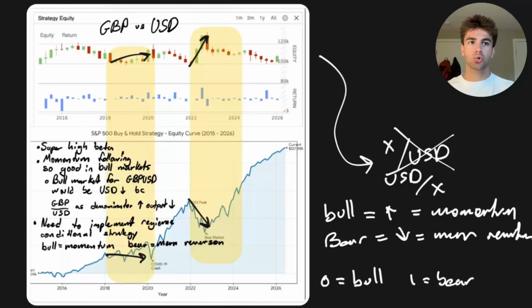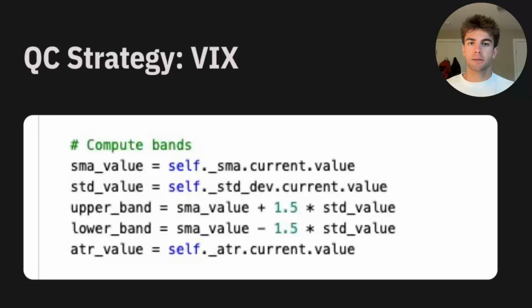Now, I think the trickiest part here is the switch itself from 0 to 1. There has to be some sort of delay or some sort of cushion in the middle so that the strategy is not constantly flipping from bull to bear if it's right in between, or risk on, risk off, risk on, risk off. So the next strategy I developed in QuantConnect was about volatility.